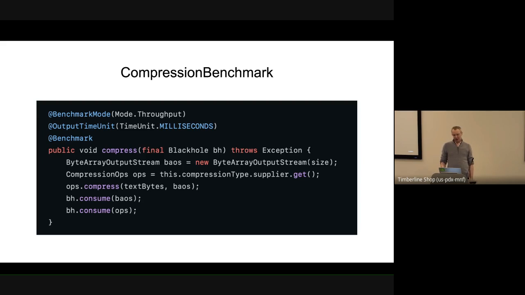But what if you had more than one object and you want to mark it as important, and you want to ensure that the JVM doesn't optimize it to nothing? Anyway, there's a method here called consume, and I'm telling JMH, please consume this object because I don't want dead code elimination to happen.